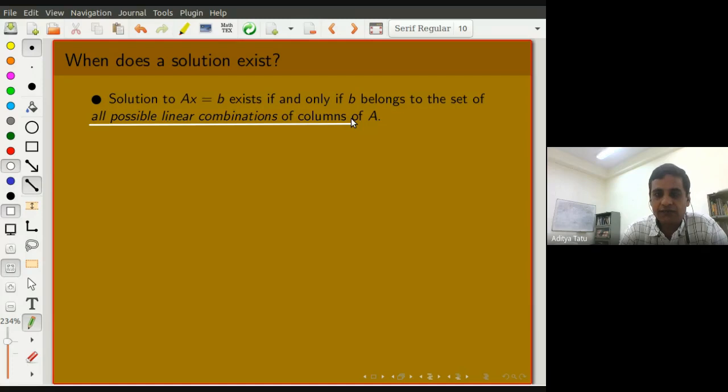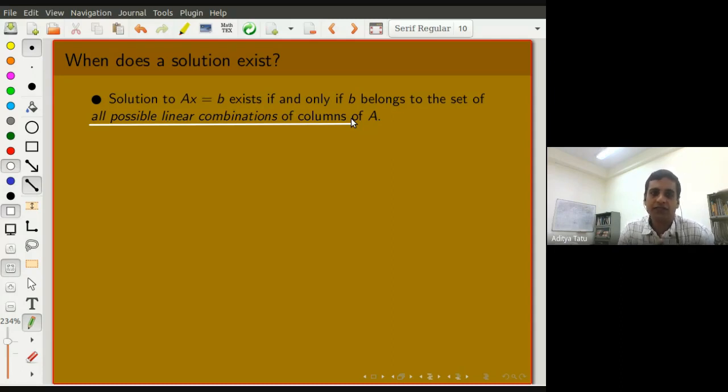Is that clear to everyone? Okay, I'm assuming it is. So the set of all possible linear combinations of columns of A is a very important set, because whether the solution to a linear system exists depends on this set.